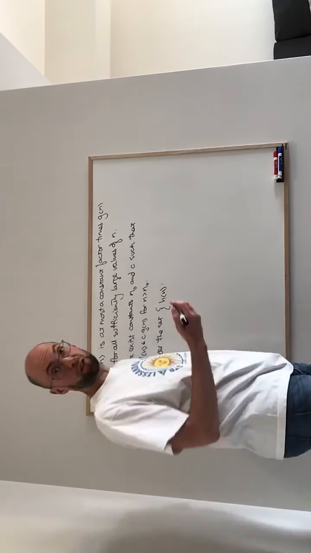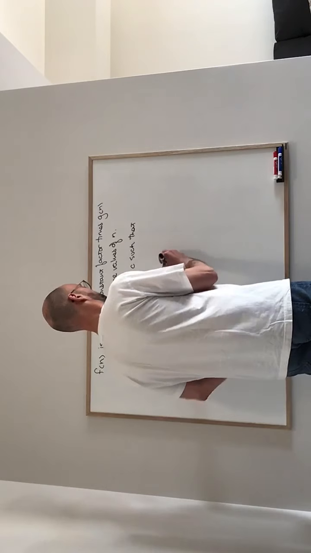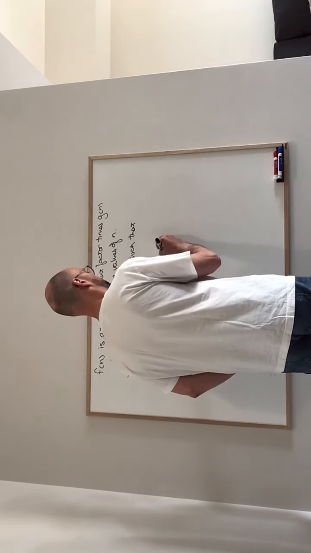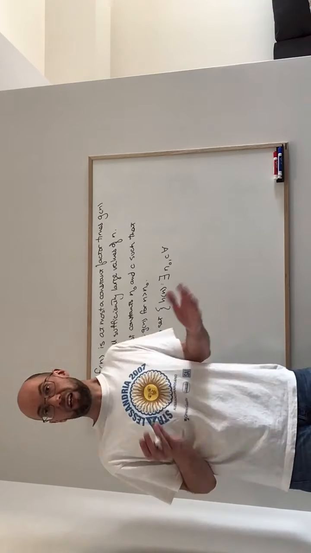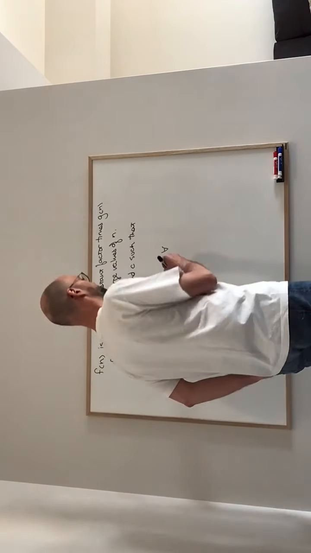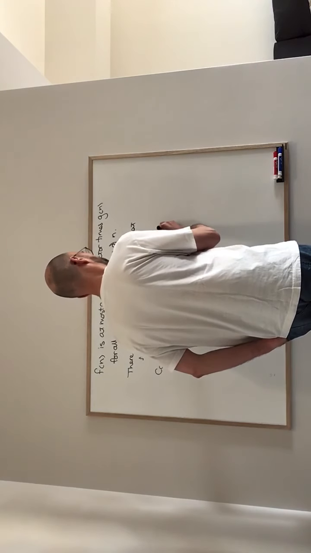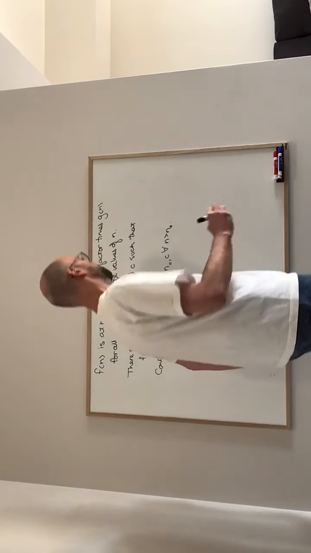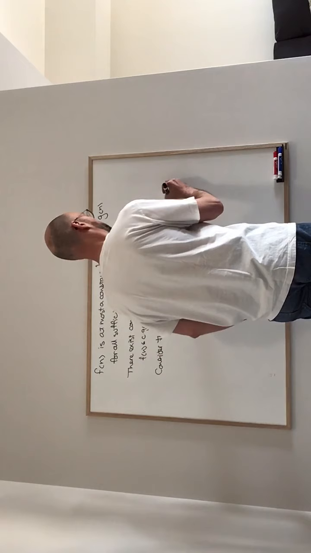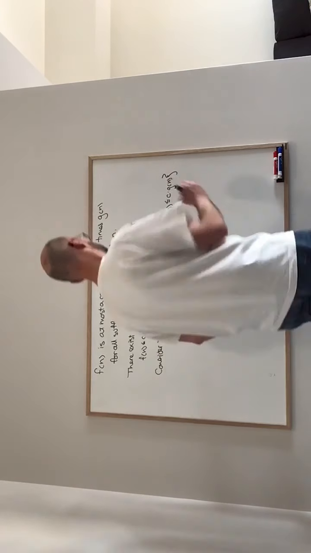The set of functions h of n such that there exist, this backwards E means there exists, n0 and c such that for all, this upside down A thing, it's not exactly an upside down A, but close enough, for all n greater than n0, we have that h of n is less than or equal to c times g of n. Okay?